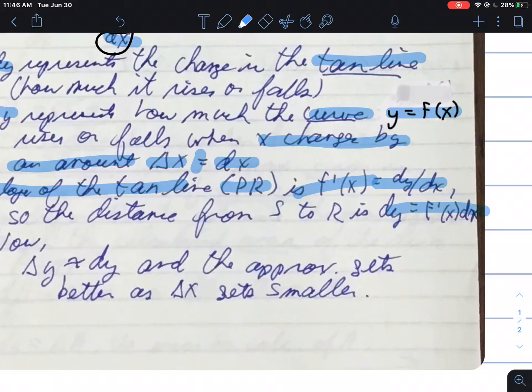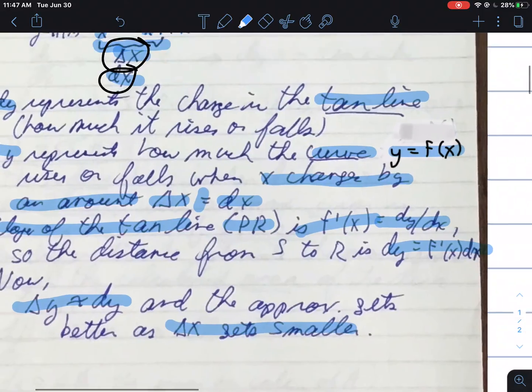So now again, ultimately, what are we using this for? We're using dy to approximate delta y. And we know from our previous and earlier discussions on this that that approximation gets better the closer those points are to each other, or we'll say the smaller that delta x is, right?